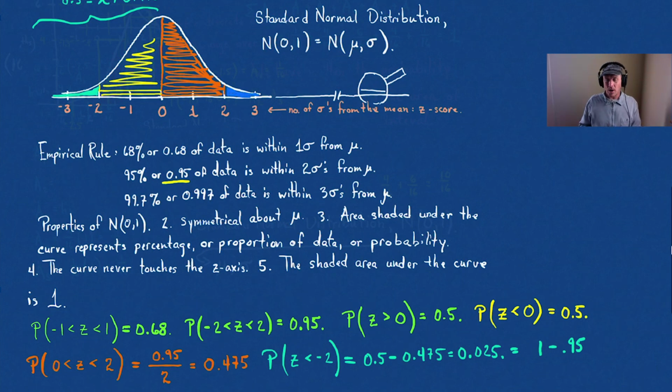Well, that's twice as much as I need, so to get one of those tails instead of both, I would just divide this by 2. And I would get the same result again, because this is 0.05 divided by 2.